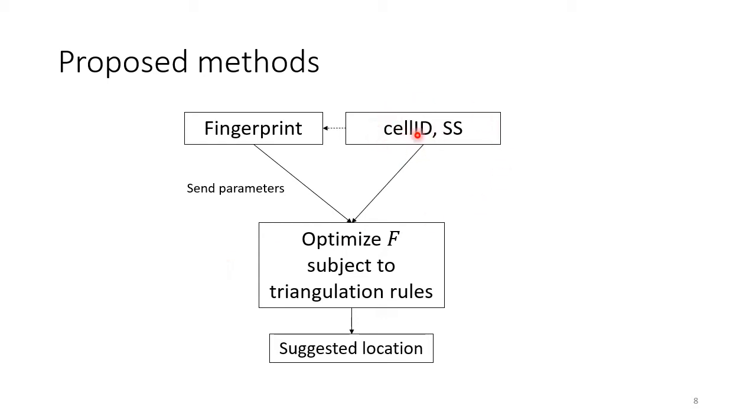The device sends the reported cell ID and signal strength, and based on this reported cell ID and signal strength, the model retrieves the appropriate parameter from the fingerprint and maximize the previously mentioned objective function subject to intersection area created by triangulation. The result is the estimated longitude and latitude of the device and sent back to the device.